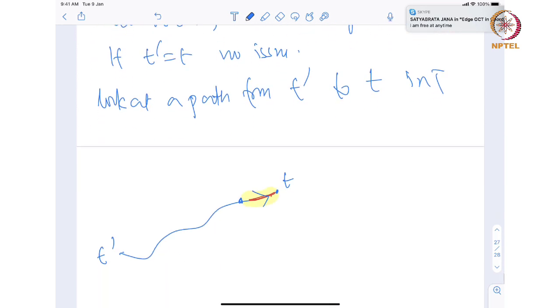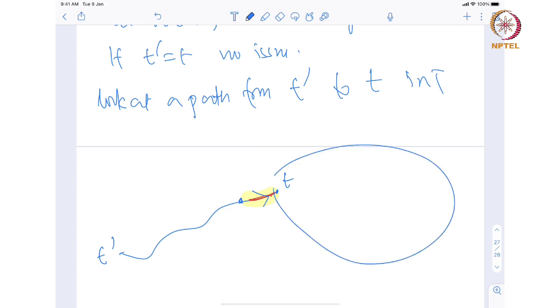Because of this, what does the orientation imply? Orientation implies that W is contained inside.